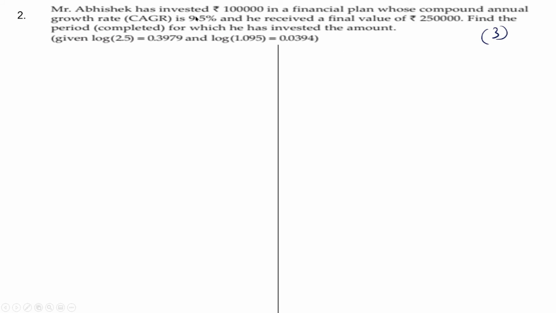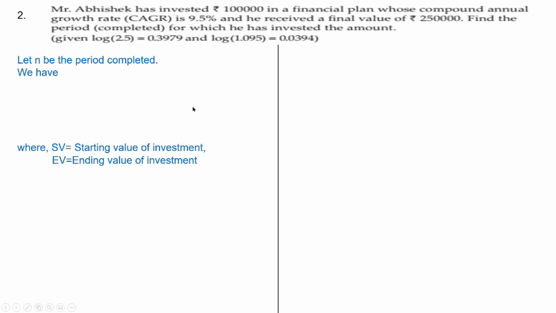We need the time period for which he has invested the amount. So here CAGR is given, we need to find n. Let n be the period completed. So we have compound annual growth rate equal to ending value upon starting value, the whole raised to 1 by n, minus 1, into 100, where SV is the starting value of investment and EV is the ending value of investment.